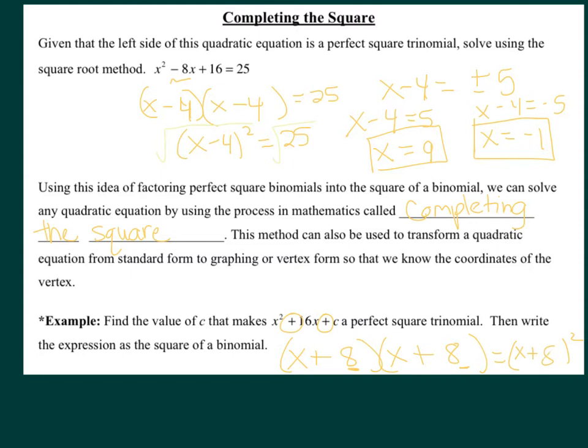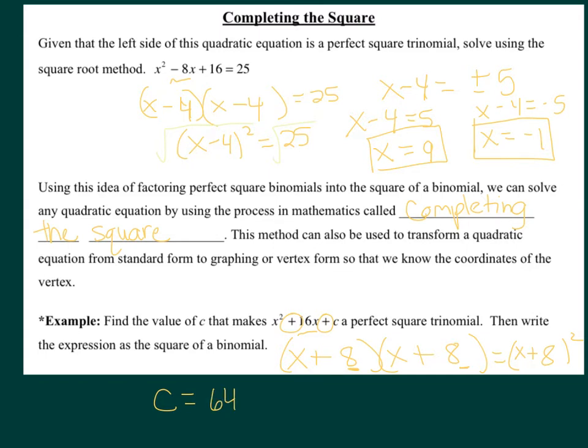So that we'd have x plus 8 quantity squared. If we multiplied it out, we'd have x squared plus 8x, which would be the 16x, plus 64. So in order for this to be a perfect square trinomial, we need the constant, the c value, to equal 64.